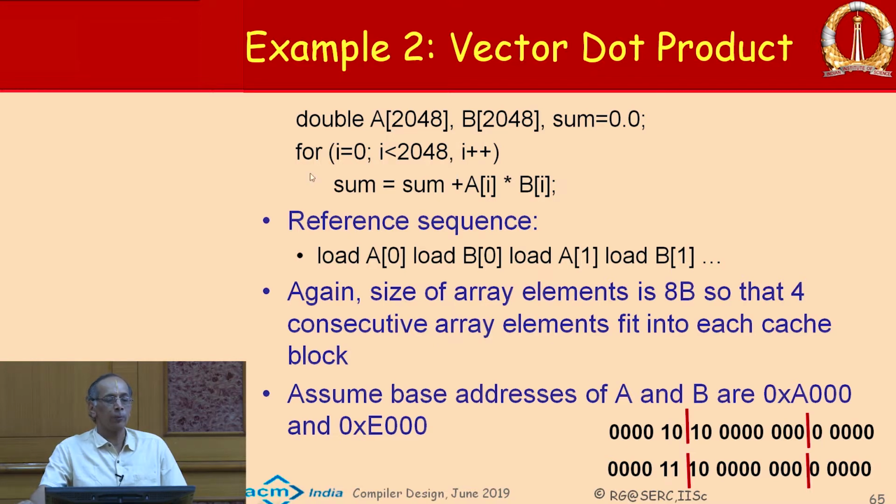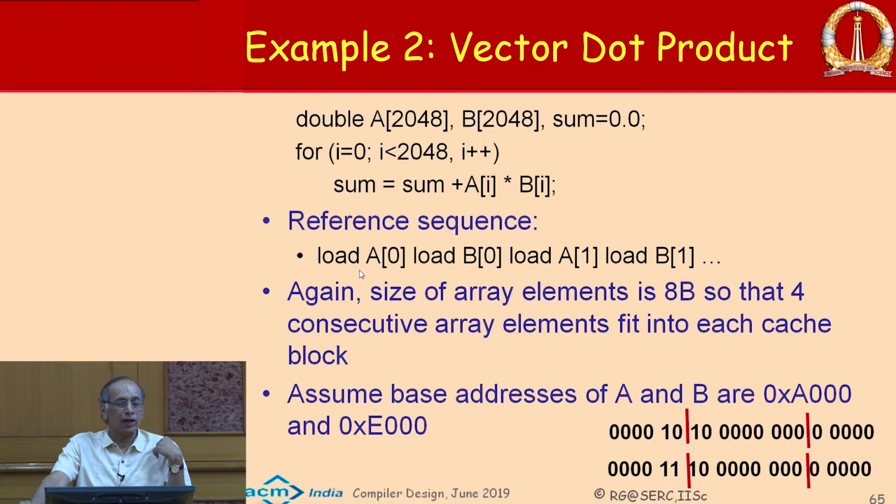Let us see what happens when I try to do the sequence of accesses. A of 0 will give me first a cold miss, that is okay. B of 0 will give me a cold miss, that is also okay. Then what about A of 1? Let us assume both A of 0 and B of 0 are mapped to the same cache block 256, correct.